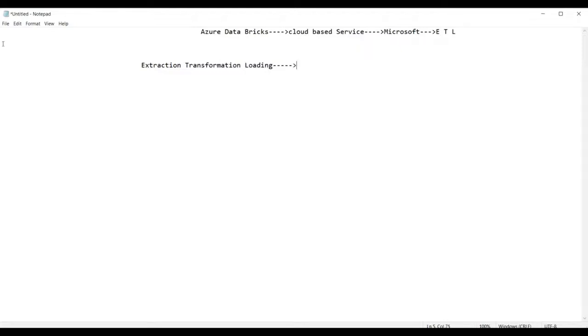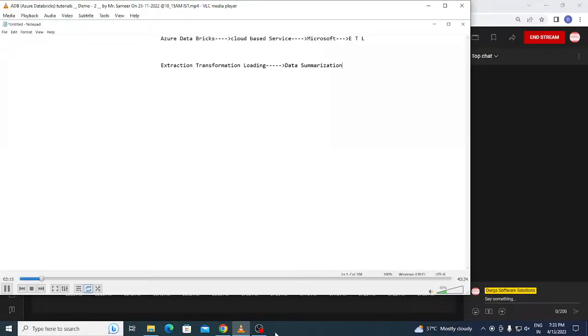Extraction, transformation, and loading. Whereas this process of extraction, transformation, and loading is a process of what? Data summarization. It is a process of what, guys?